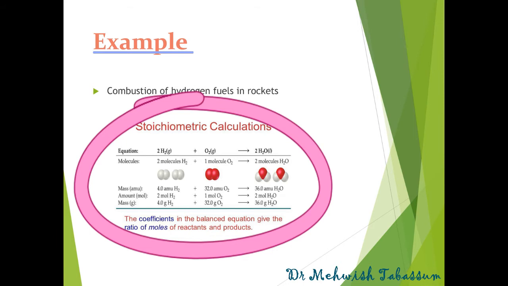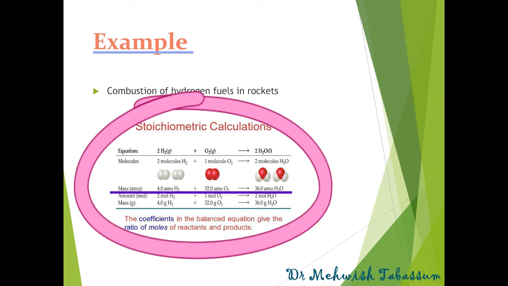What is the molar ratio of the reactants? 2 moles of hydrogen and 1 mole of oxygen react to form 2 moles of water. 2 moles of hydrogen equals 4 atomic mass units. Why 4?